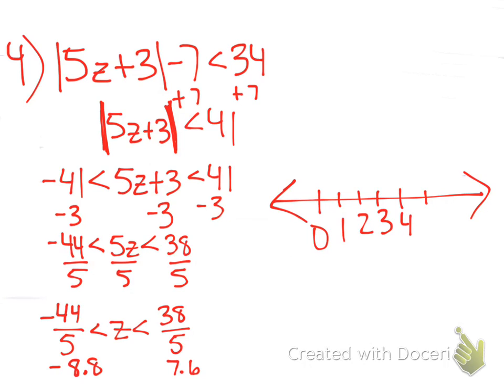I probably should have counted by twos. Let's go back and do that. 2, 4, 6, 8. Oh, you are correct. So let me just wipe out a lot of this. Definitely going to count by twos.